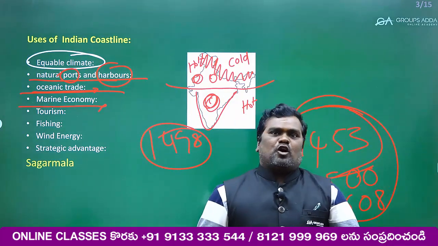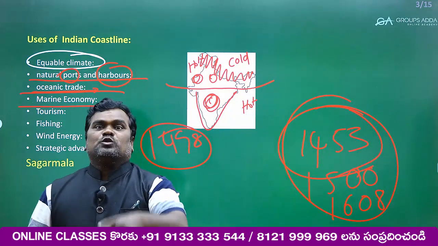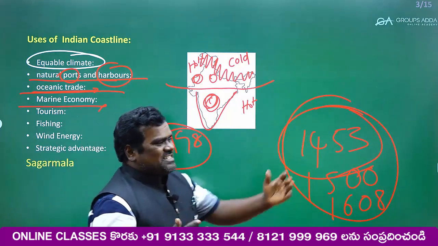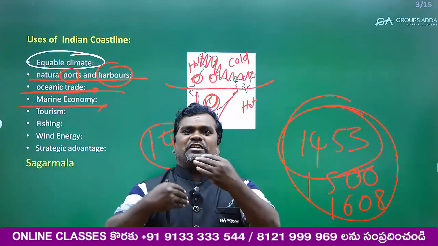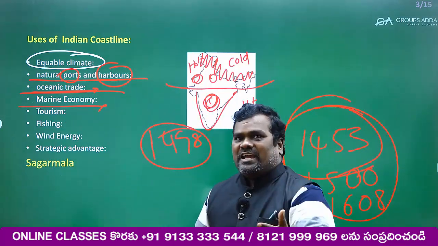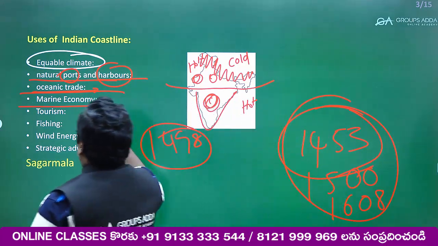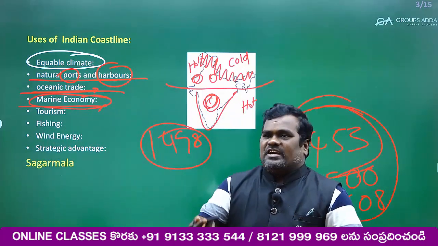We will approach America and we will bring those goods through ships. Isn't it? Such kind of interactions we can have. When we have such interactions, we can gain more and more money. So we are developing the economy here.